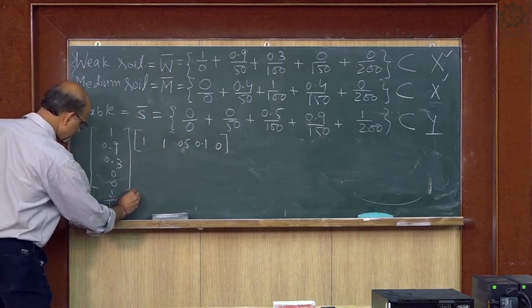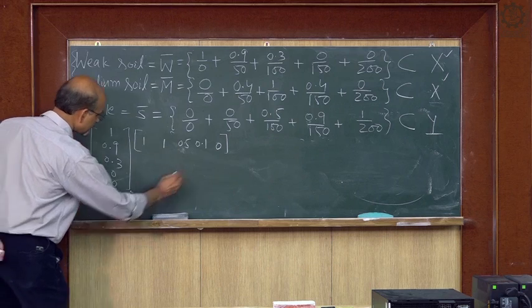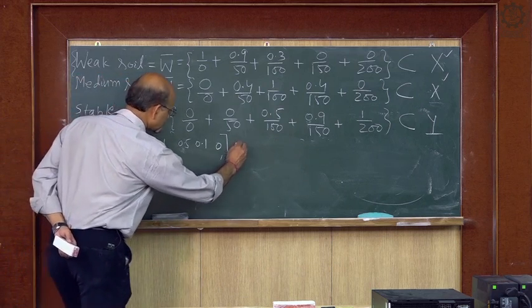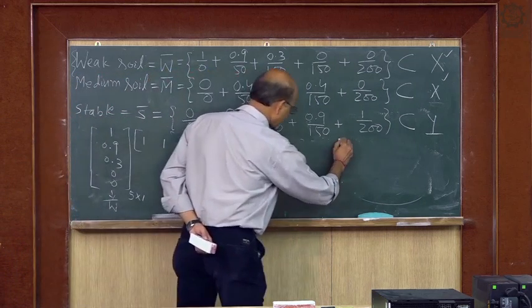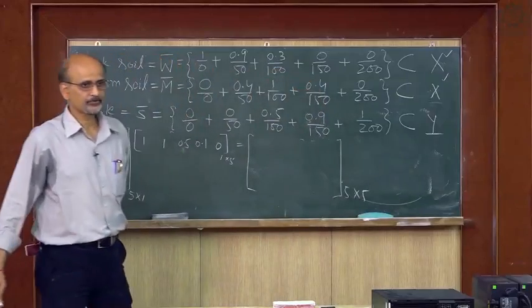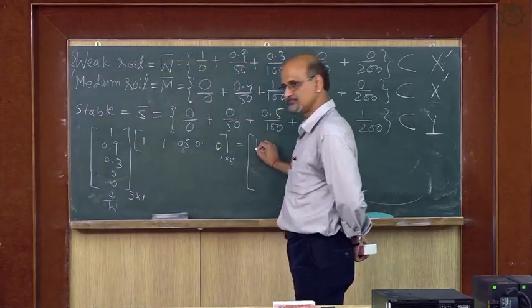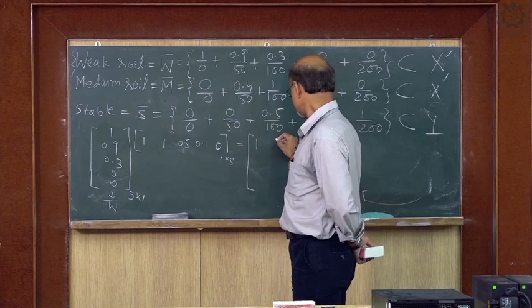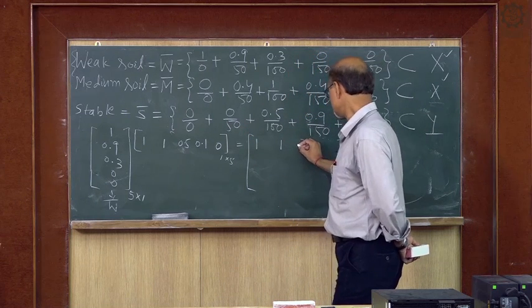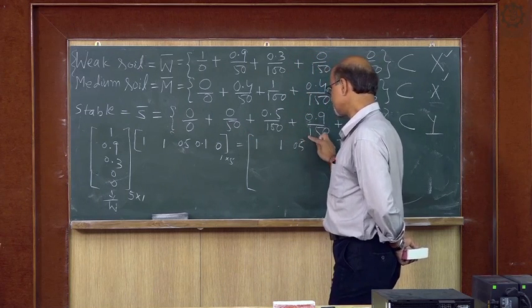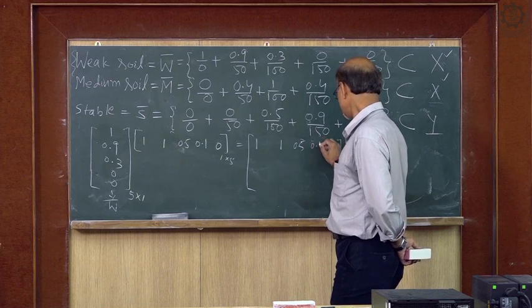So, this is your 5 by 1, this is your 1 by 5, so you will get 5 by 5. Okay? What we have to do? Take the minimum: 1, 1, then 0.5, then 0.1, then 0.